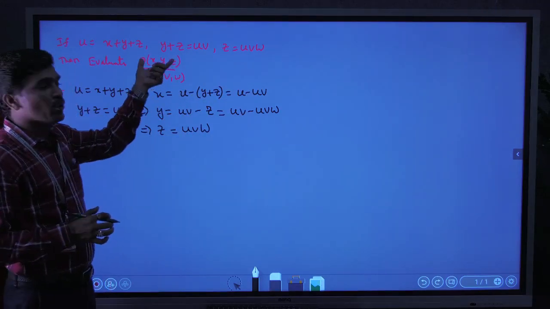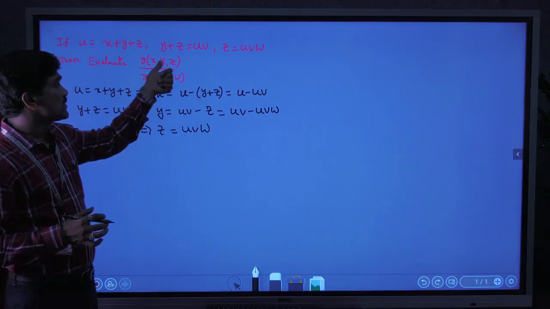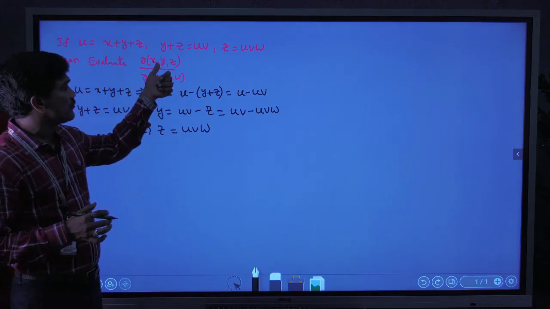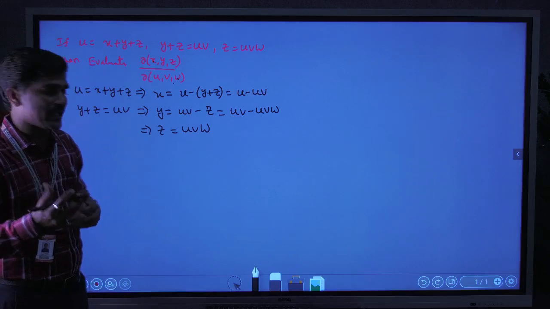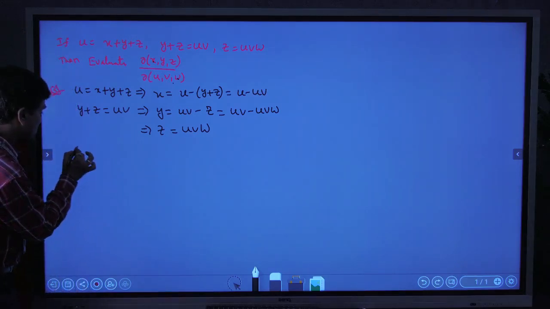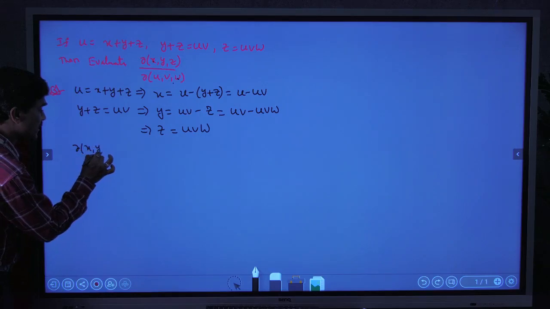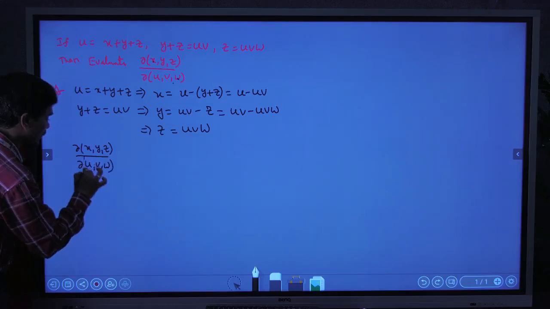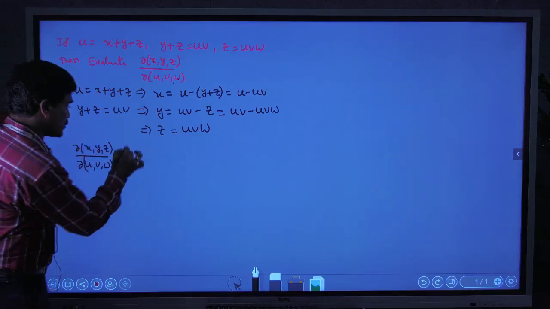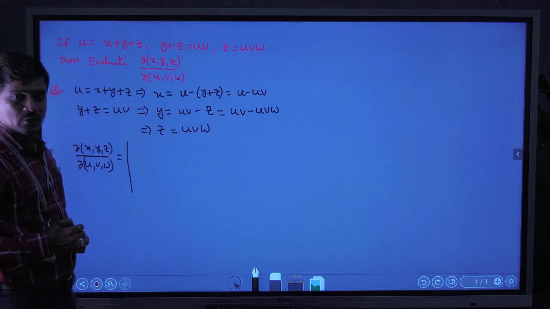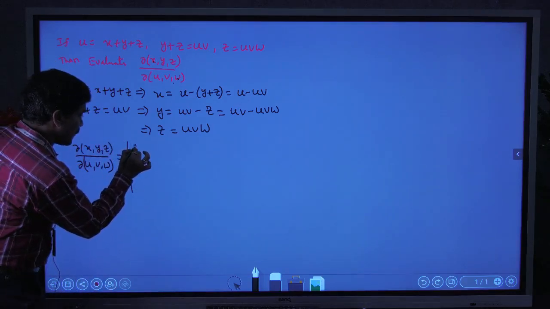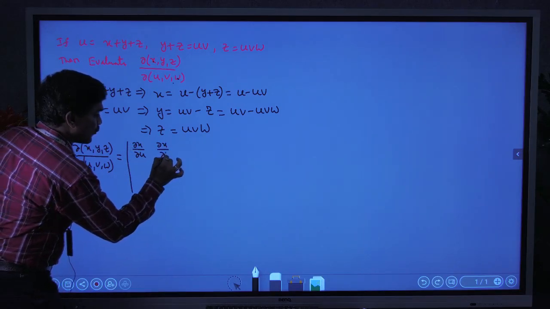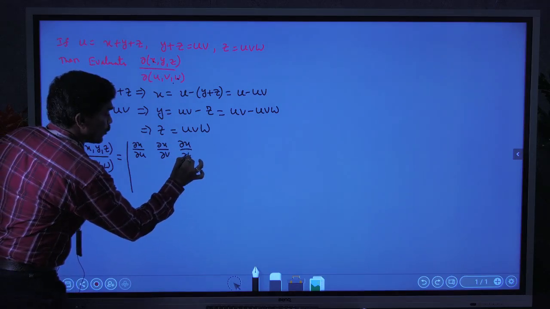Then we calculate ∂(x,y,z)/∂(u,v,w). This means x with respect to u, x with respect to v, x with respect to w. That is the Jacobian, right? So what is the Jacobian here? Write the determinant by the definition of the Jacobian: ∂x/∂u, ∂x/∂v, ∂x/∂w.